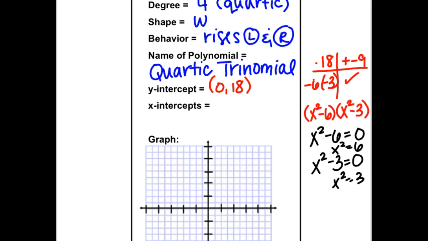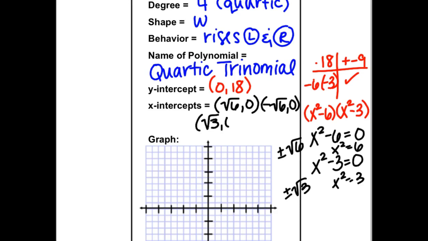When I square root, I don't get pretty numbers. I get plus or minus the square root of 6. Remember, you get 2 of them because you have to have 4 zeros. And plus or minus the square root of 3. So that means my x-intercepts are (square root of 6, 0), (negative square root of 6, 0), (square root of 3, 0), (negative square root of 3, 0).